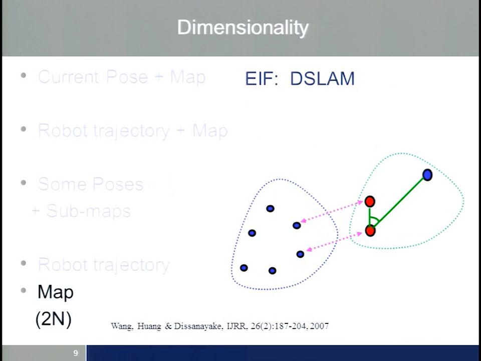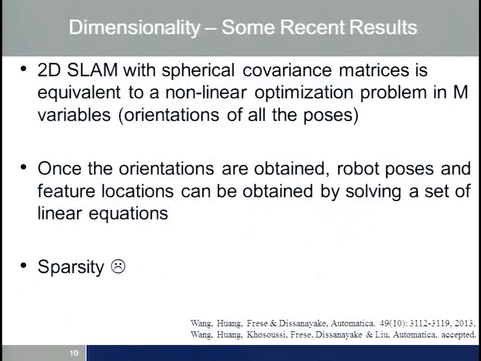So we can see different solutions to SLAM evolved over the years with different dimensionalities. Most of these later solutions exploit sparsity. The information matrix is very sparse, and you can use sparse linear algebra tricks to do a good job. Recently, we've pushed this along a little bit and found that SLAM, the nonlinear estimation problem, can be separated into two parts. One part involving just the orientations.